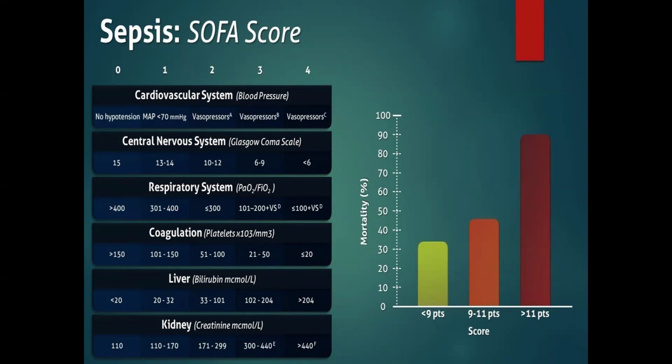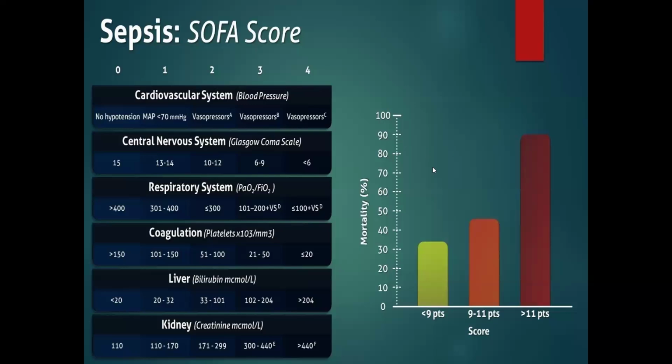Okay. Sepsis, actually, we can assess it with a SOFA score, which is basically from 1 to 24. There are 6 items: cardiovascular, central nervous system, respiratory, coagulation, liver, and kidney. Each item scores from 0 to 4. And if you're above 11, you have almost like 90% mortality rate.